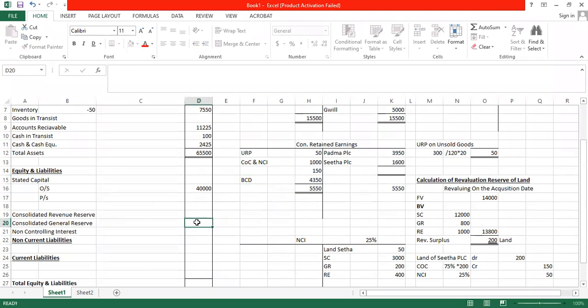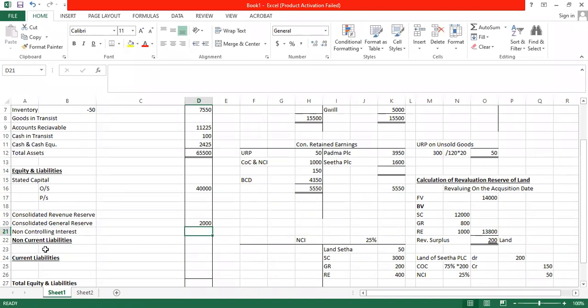Then we will take general reserve. General reserve we can take 2,000, because that 800 we already credited to cost of control and non-controlling interest. Therefore, we can't add that 800 again.